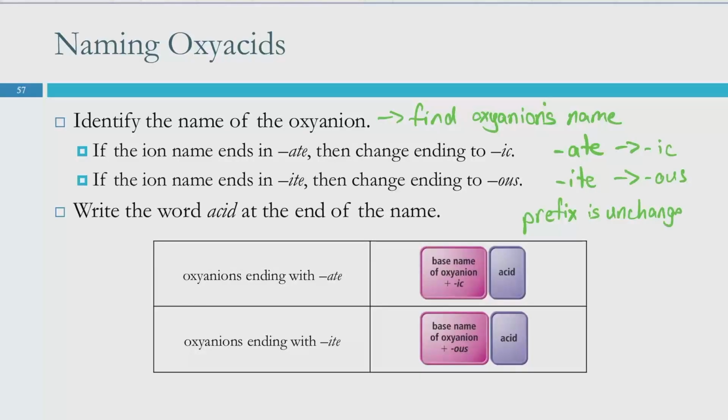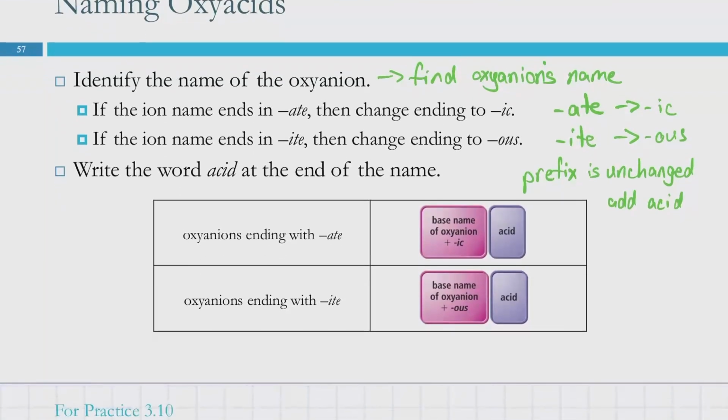So ate to ick, ite to us, and we add acid at the end. So the hardest part about naming oxyacids is having the oxyanions memorized. Once we have the oxyanions memorized, it's relatively easy to do the naming. Ate to ick, ite to us.